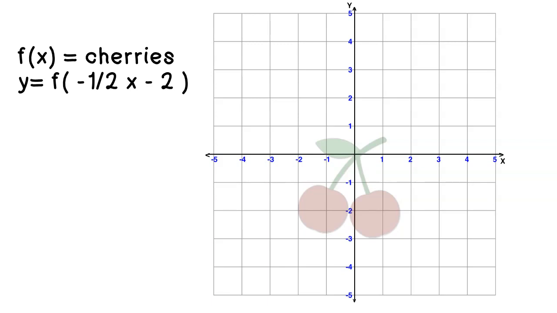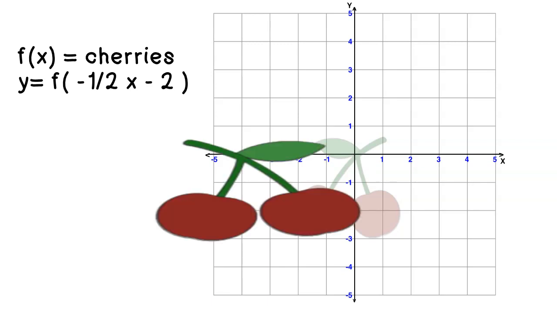So those cherry stems, where they meet, the -2 makes it show up at 2 on the x-axis. And then the -1/2 stretches it double the width, so now it's at 4 where those cherry stems meet, but then the negative flips it over the y-axis and puts it to -4.